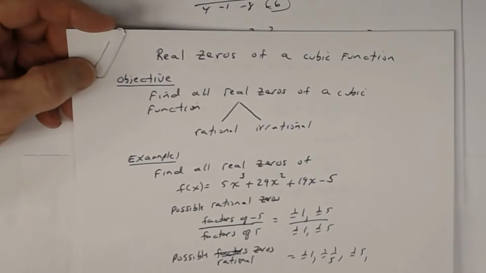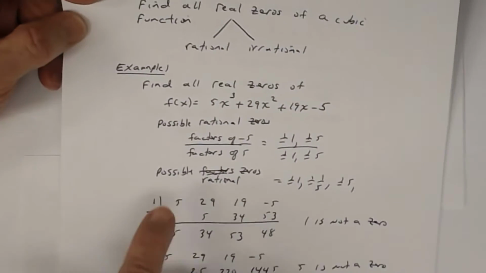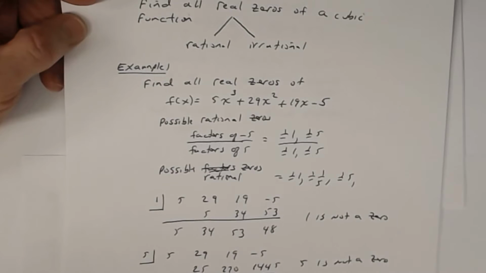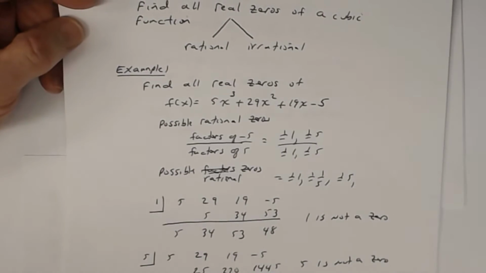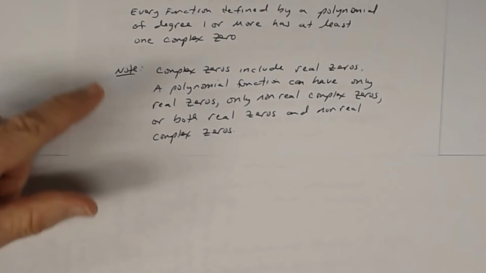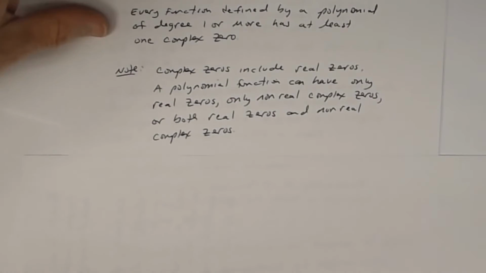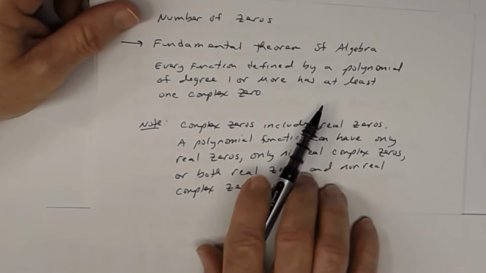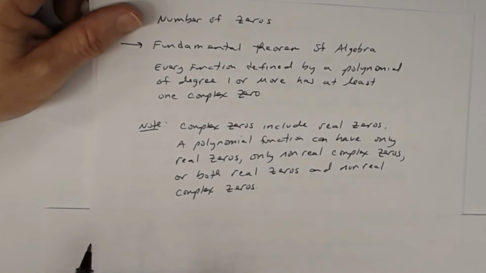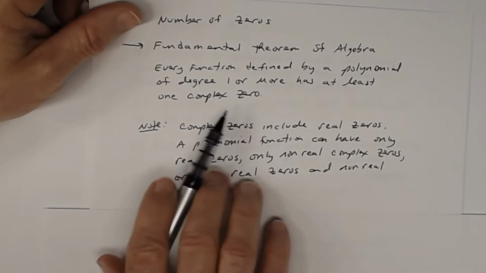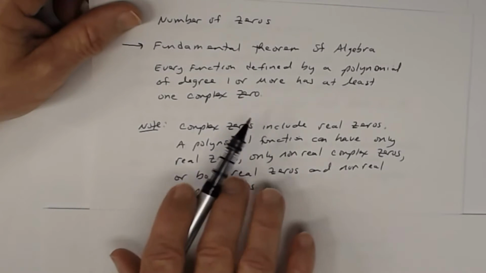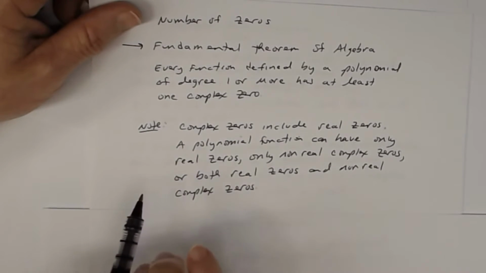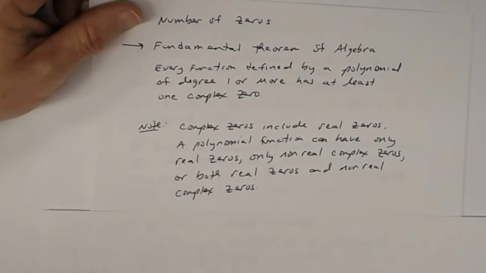In our second lesson where we talked about real zeros, they were both rational and irrational, or a combination. All right. So that's what the theorem says: if you have a polynomial function, then you're going to have at least one complex zero. Now remember, some roots repeat, right? So that's where you have multiplicities. But you'll have at least one.